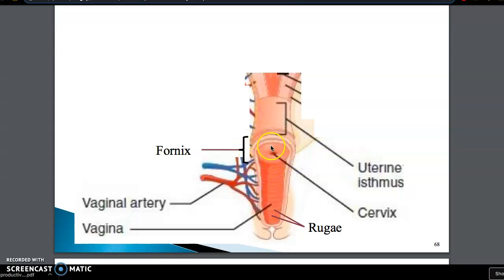It contains an external os, which, in between ovulation, is filled with a thick mucus that prevents sperm from swimming through, and it also prevents bacteria and yeast from getting into the uterus.